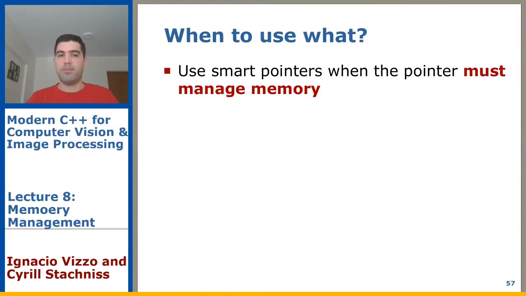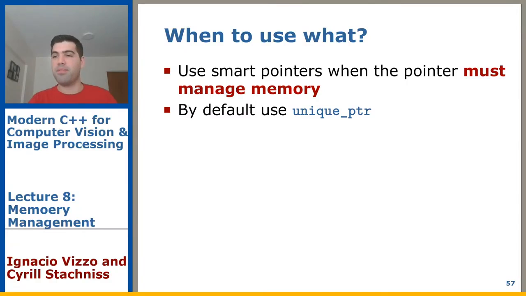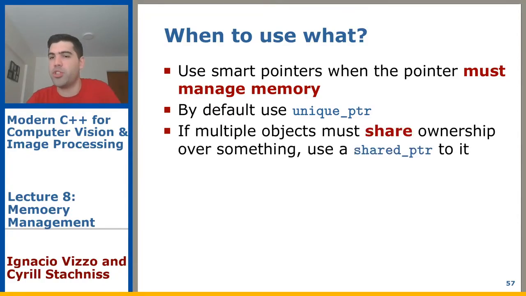When to use what? Basically, use smart pointers when the pointer must manage memory. By default, use unique. If you need to start using something, just use unique, and in the worst case you change it to shared pointer. The syntax is the same, so you just need to rename unique to shared.